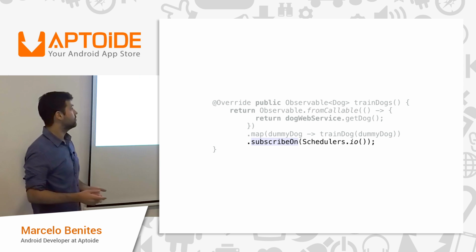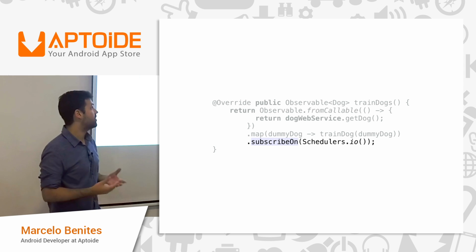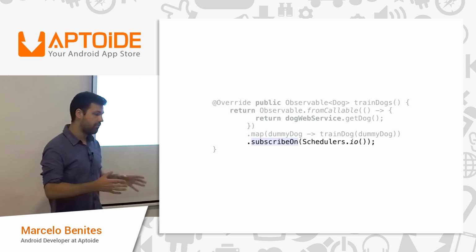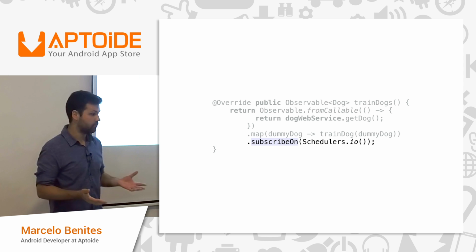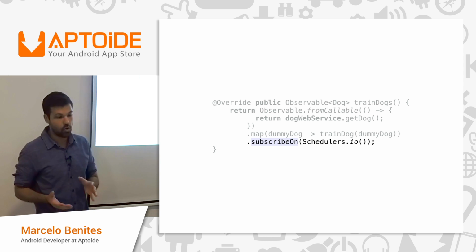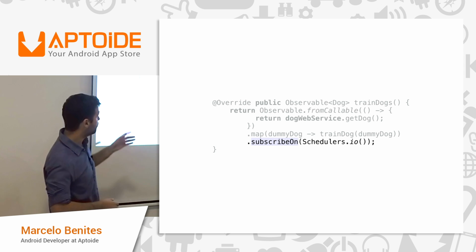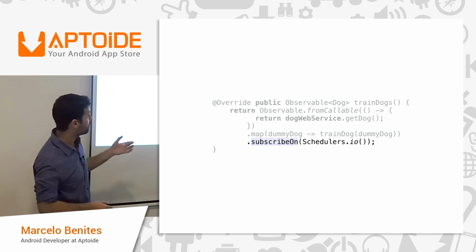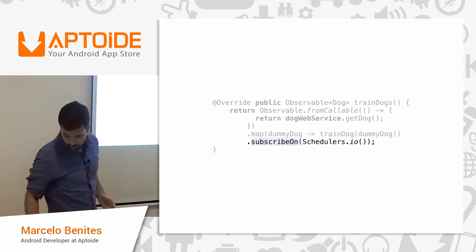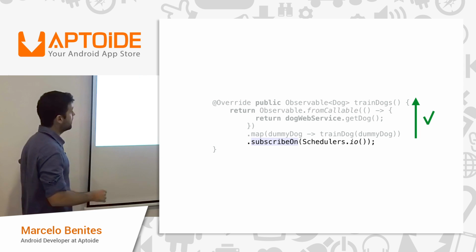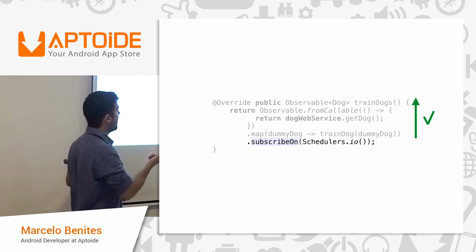Since calling the network can be really, really slow, it's better for us if we stay off the main thread, in the case of Android. We shouldn't block the main thread because it is responsible only for rendering the screen. We should use a different thread for that. So we're going to use the subscribe on operator to say that we are going to execute using the I/O scheduler.